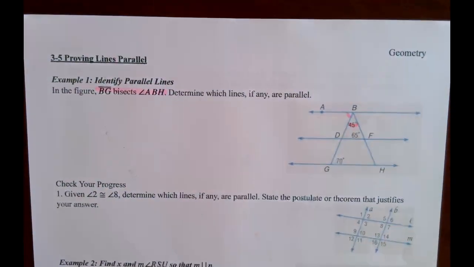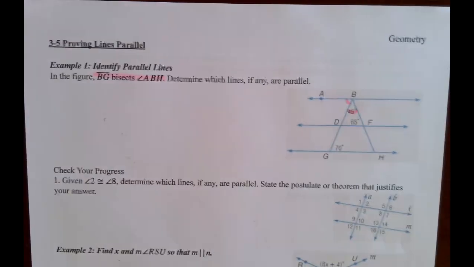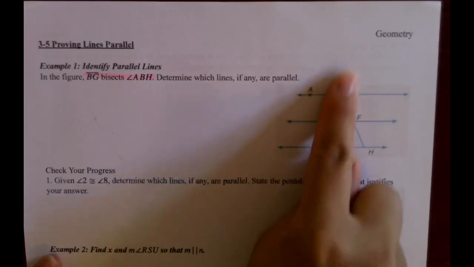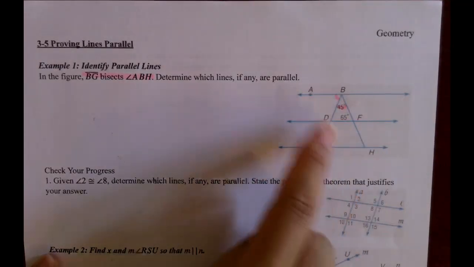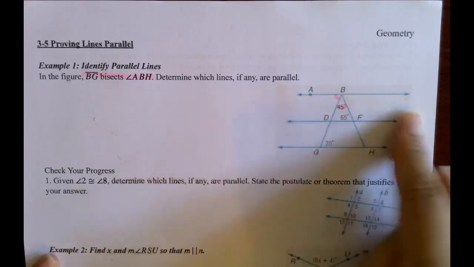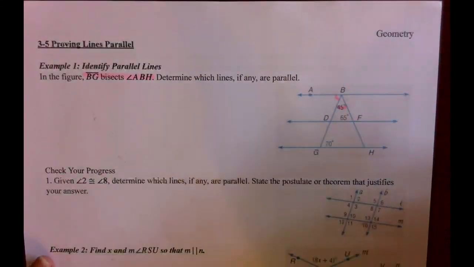Because it's bisected. Okay. Now we're going to determine whether any of these lines are parallel, right? So obviously we don't have to worry about BG or BH here because they intersect our three lines. So really what we're looking at are these three lines and seeing if they're parallel, okay?